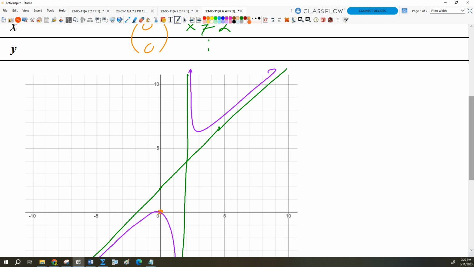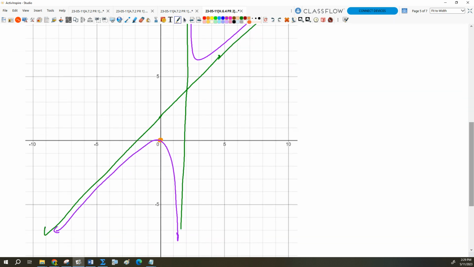Because it can't cross through the x-axis. If it were the bottom one, it would have had to cross through the x-axis, which it can't do. It's only got one x-intercept, and we already used it, right? So that's our graph. Okay, that's pretty amazing, though. I mean, that took what, 2 minutes, and we get this whole sketch of this thing that's pretty accurate, right?